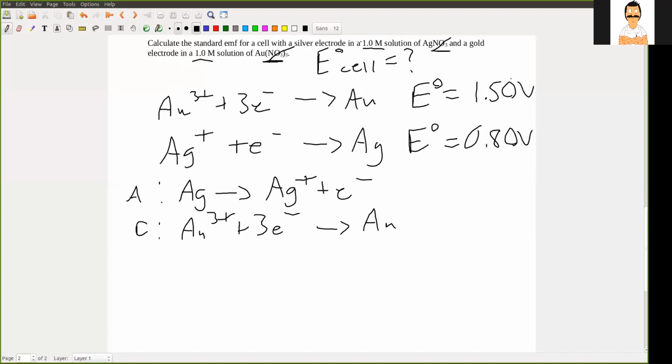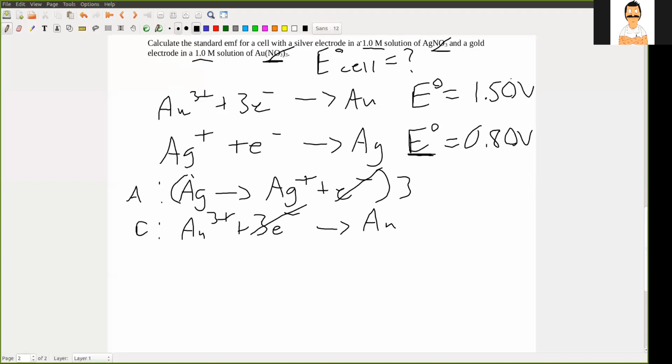So for the overall reaction, we have to consider that we need to balance our charge. So we need to multiply our silver by 3 so that the 3 electrons will cancel on either side. The key here is that regardless of what the multiplier is on silver, the standard potential will not change.